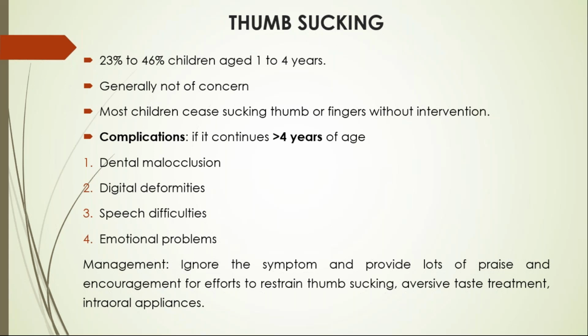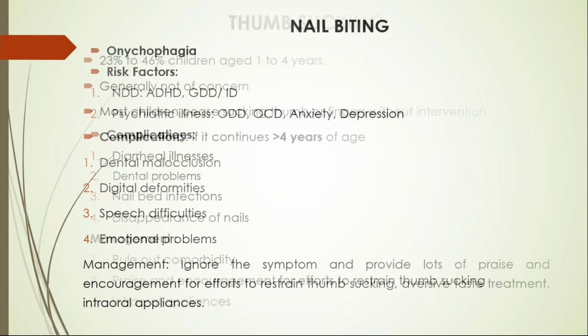So between 1 to 4 years of age, it should not be stopped too much, unless it is beyond 4 years of age and it is causing dental problems. Unless that is an issue, it should not be discouraged by pulling the thumb out of the mouth, because the child is trying to get calm by thumb sucking. So it's not something to be really worried about.